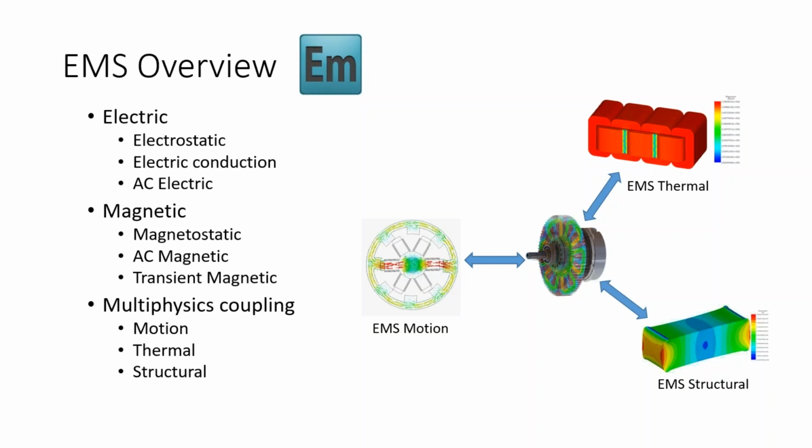In addition to these electromagnetic modules, EMS also offers coupling to motion analysis, thermal analysis, and structural analysis. So, for example, you can take an electromagnetic assembly of different parts and analyze how the field, forces, and the whole set of electromagnetic parameters change with a certain speed of motion of a specific part.